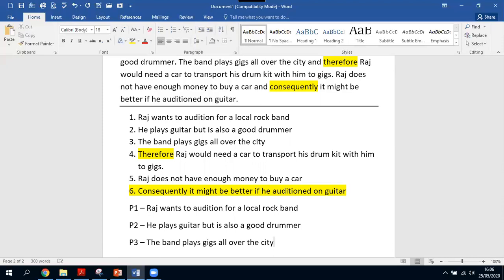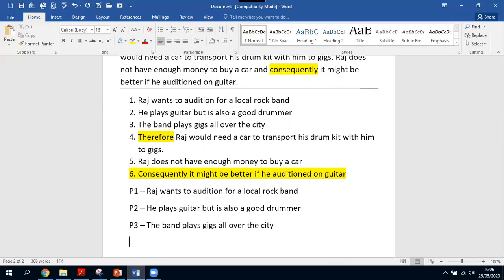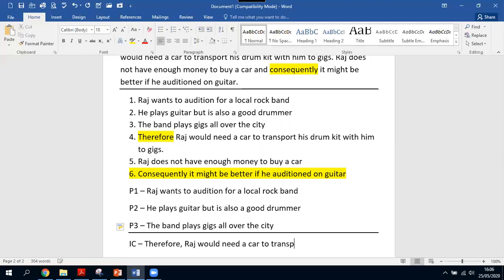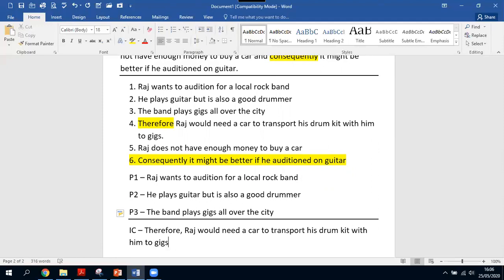And then we've got the word therefore. So that indicates an intermediate conclusion. So intermediate conclusion, therefore, Raj would need a car to transport his drum kit, his drum kit. You can tell what I'm thinking about, his drum kit with him to gigs.